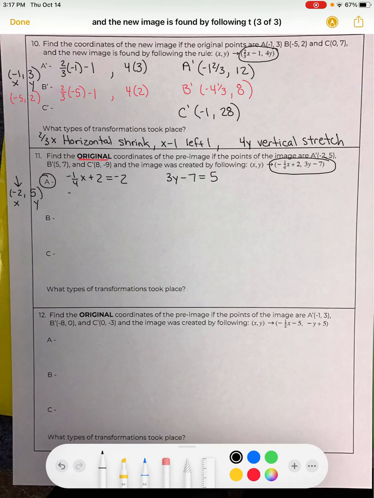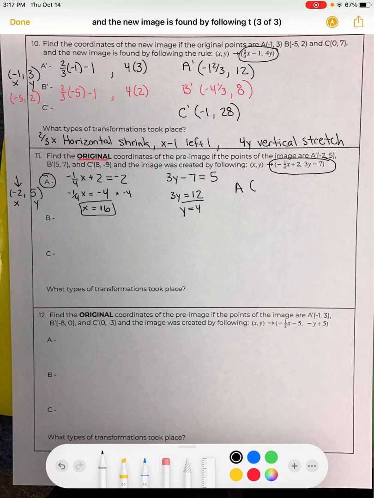So if we do that on this one, you'll subtract the 2 to the other side. That gives us -4. And when you divide by a fraction, it's the same thing as multiplying by its reciprocal. So -4 times -4 equals 16. This one, if you add 7 to the other side, that's 12. Divide, you get y equals 4.